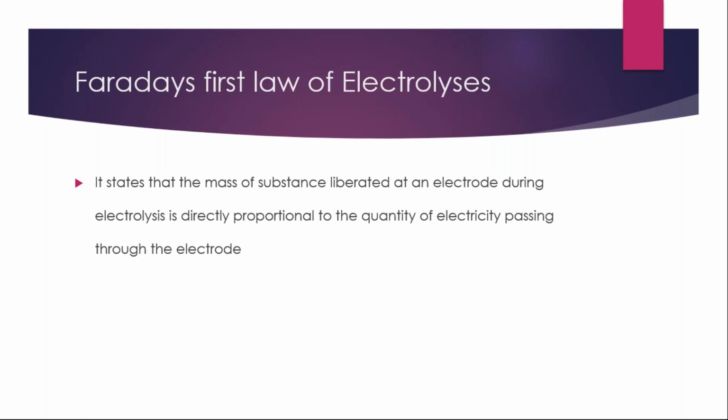From the equation, we have that Z is equal to M over Q, which implies that the electrochemical equivalent of this substance is the amount of the substance deposited on passing one coulomb through the solution. So if you pass one coulomb of electricity, the mass of the substance that will be deposited depends on this one coulomb that passed through the solution. So that's how Faraday came up with the first law of electrolysis.